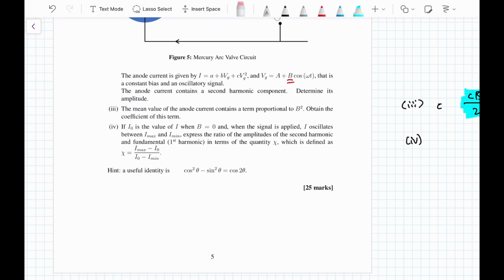So the idea is that we want to express the ratio of the amplitudes in terms of chi. I think the first step that we need to do is express I0, Imax and Imin.